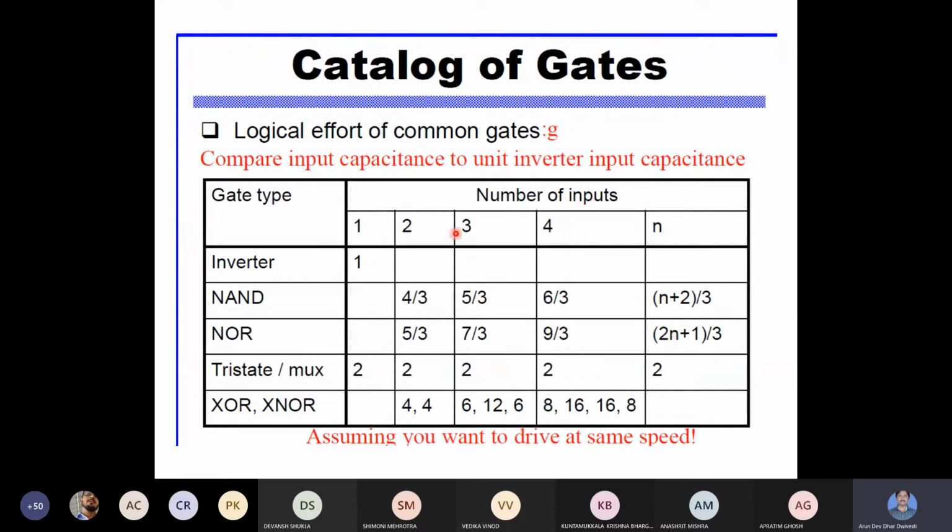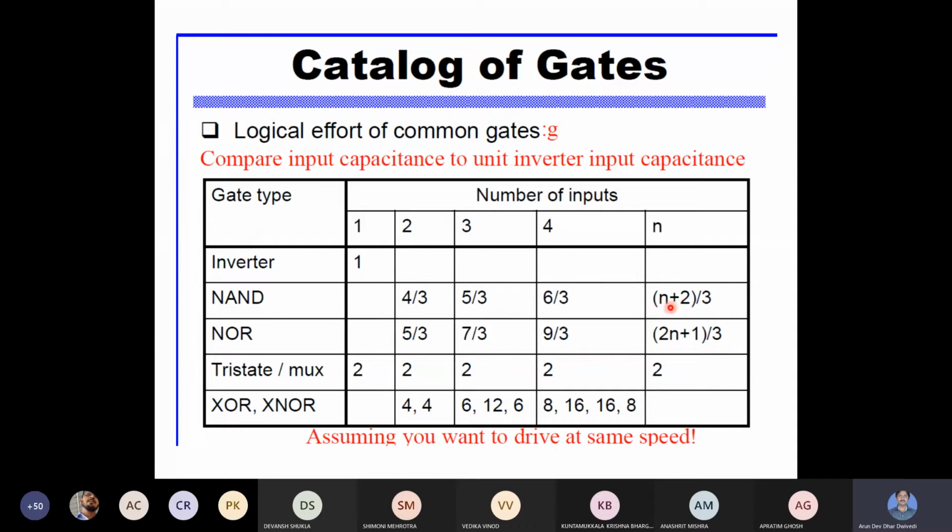The inverter has only one input, so it has only one value of logical effort, 1. But for a NAND gate with 2 inputs it is 4 by 3. In general, the formula for calculating it is (n plus 2) by 3.